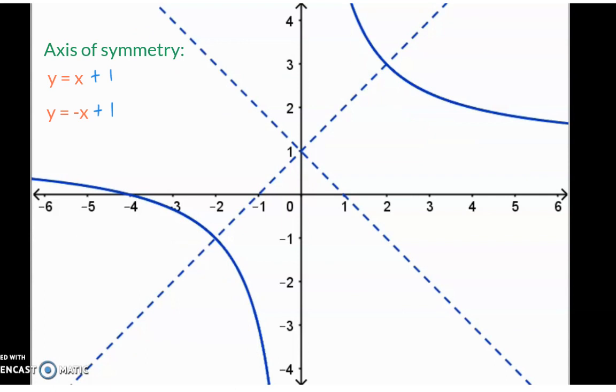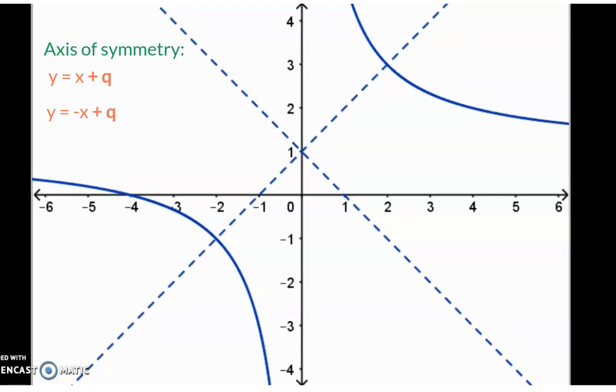So here we now have our two axes of symmetry at y is equal to x plus 1 because it moved up 1 unit along with the function, and y is equal to minus x plus 1. So you can remember that the axes of symmetry for a hyperbola will always be at y is equal to x plus q and y is equal to minus x plus q.